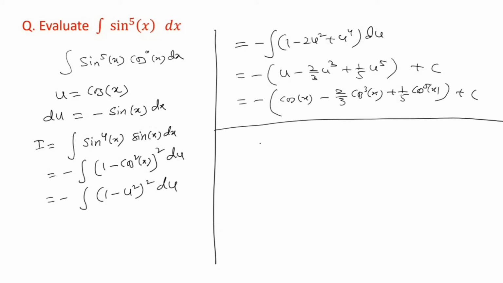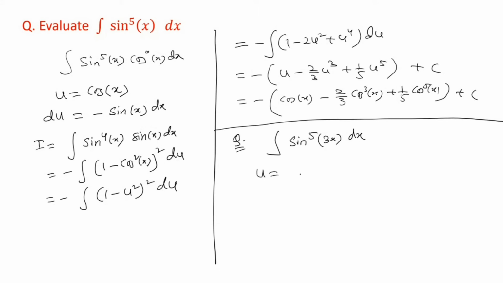Now note here, suppose instead of this question it is sine to the power 5 of 3x dx. It does not matter what is inside. You have to follow the same rule, keeping whatever the argument of the sine is.